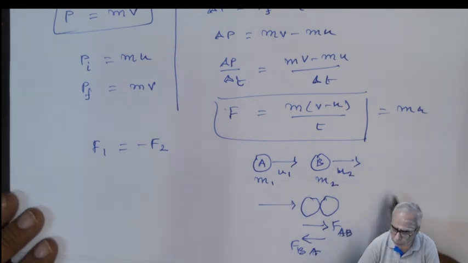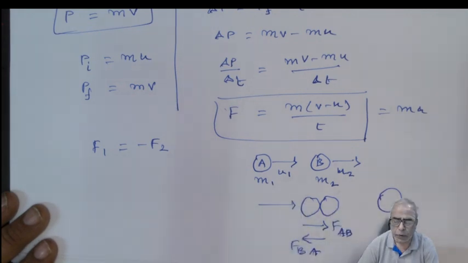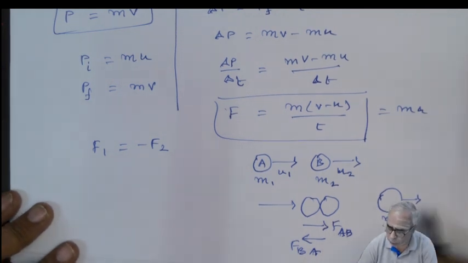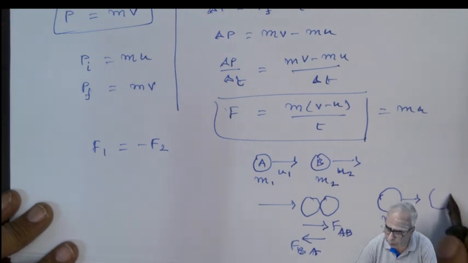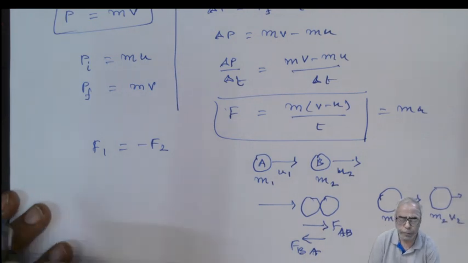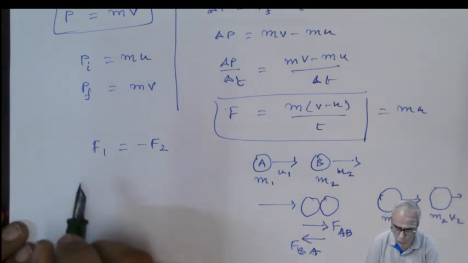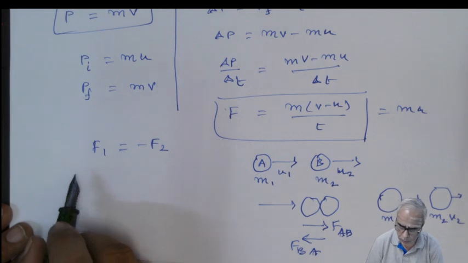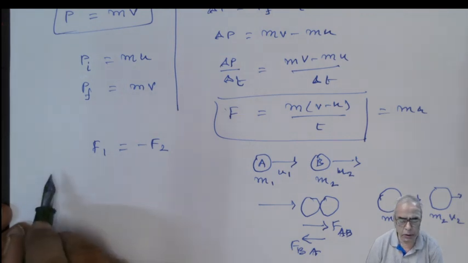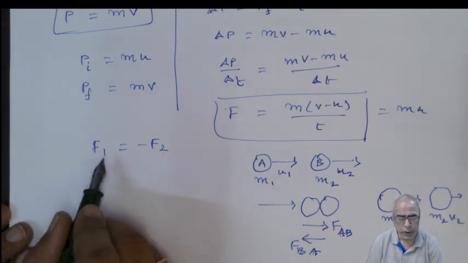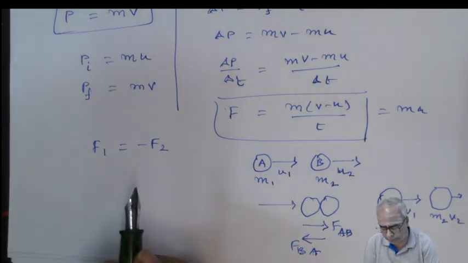And after collision, what happens? This m1 picks up final velocity v1, and there is no change in mass, and here it goes with v2, m2. So the force is, in this case, the change of momentum in a given time, meaning in the same time.